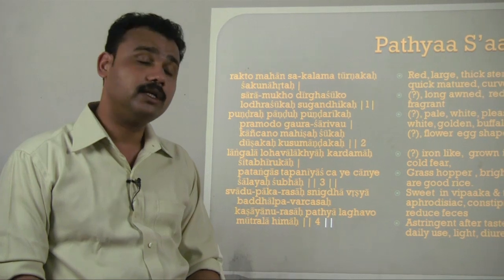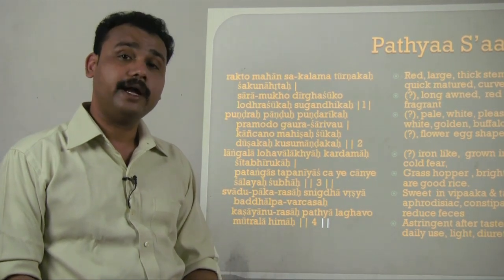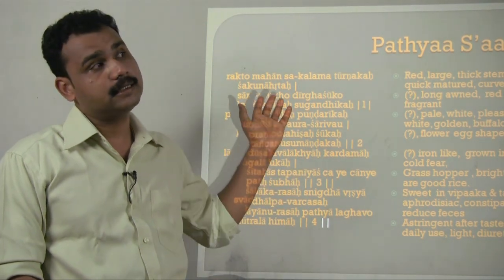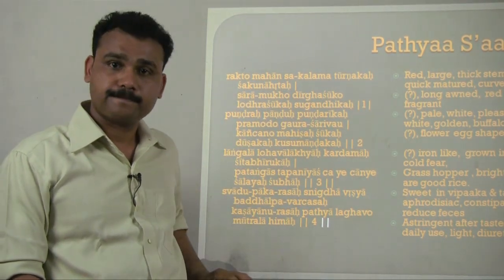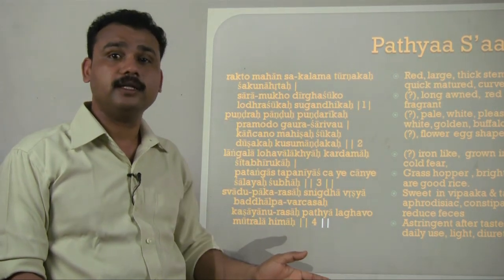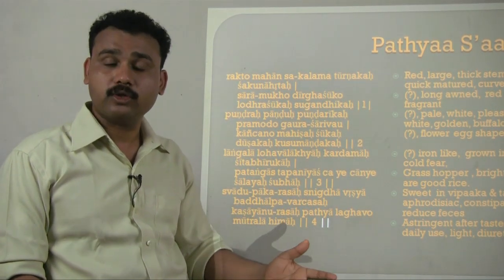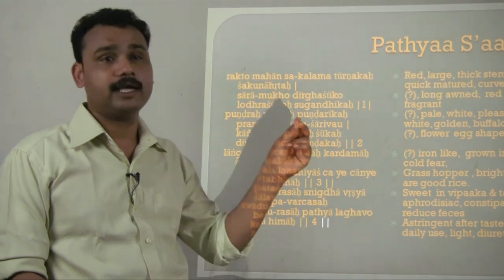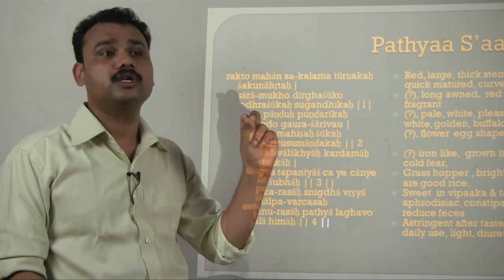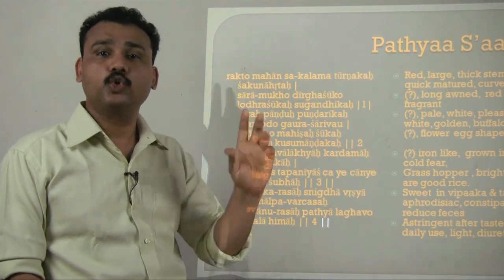Even he couldn't completely identify the varieties of these rice species which was explained in Charaka Samhita, and it is no wonder that I cannot exactly take a rice and tell you this is Rakta and this is Mahisha, this is Kalama and this is Turnaga.